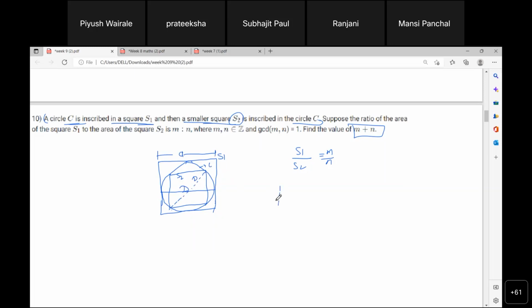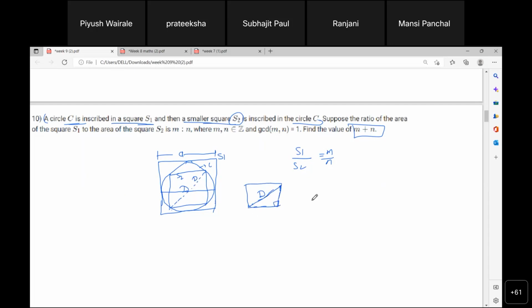So if I take the inner square, it will be like this, and its diagonal is the diameter of this particular circle, right?